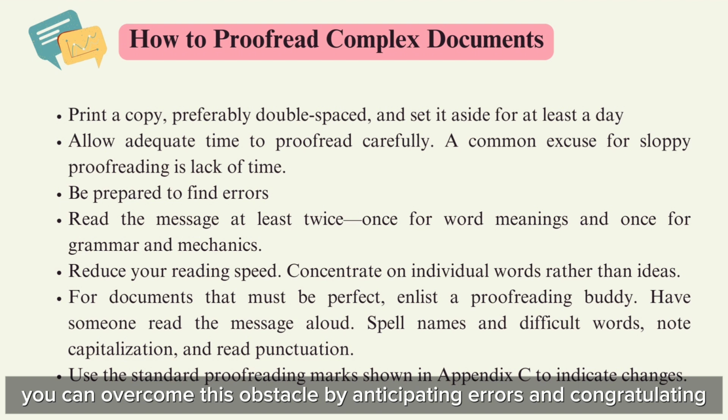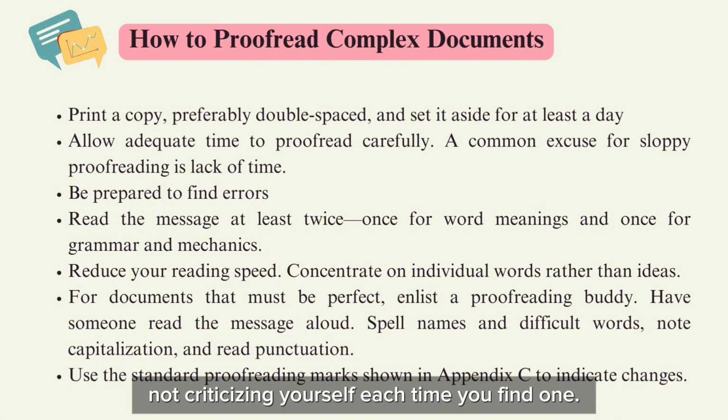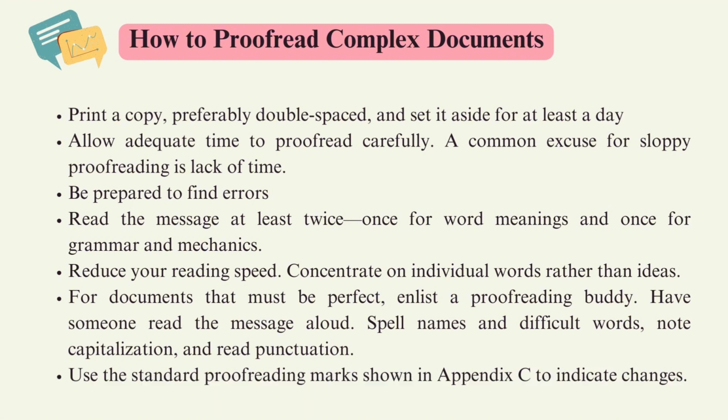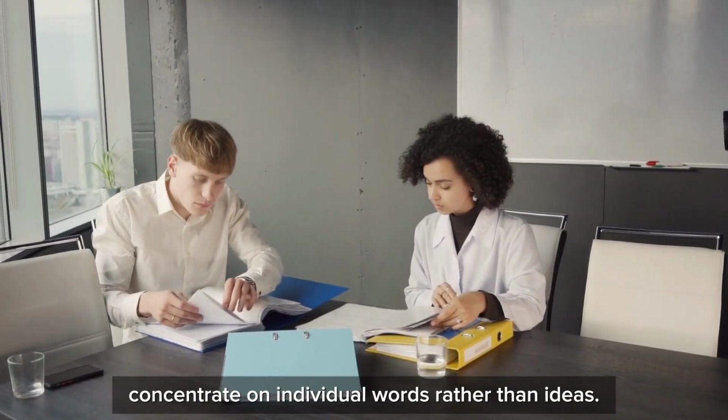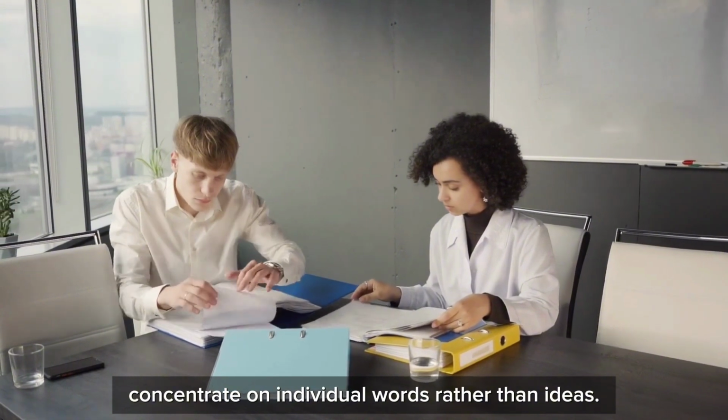You can overcome this obstacle by anticipating errors and congratulating, not criticizing, yourself each time you find one. Read the message at least twice, once for word meaning and once for grammar and mechanics. Reduce your reading speed. Concentrate on individual words rather than ideas.